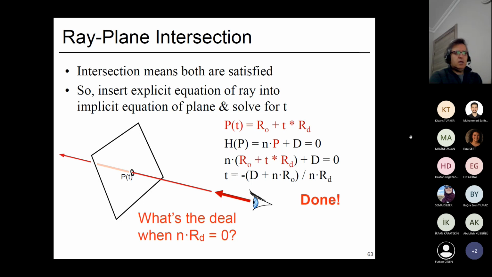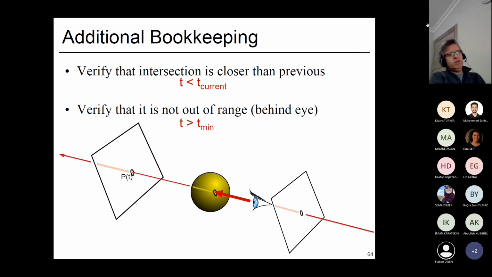Of course, as I said, when n times rd is 0, this means that my direction and my normal are perpendicular, so the plane is parallel to my ray. If a plane is parallel to my ray, I cannot find any intersection, so this will be undefined in that case.